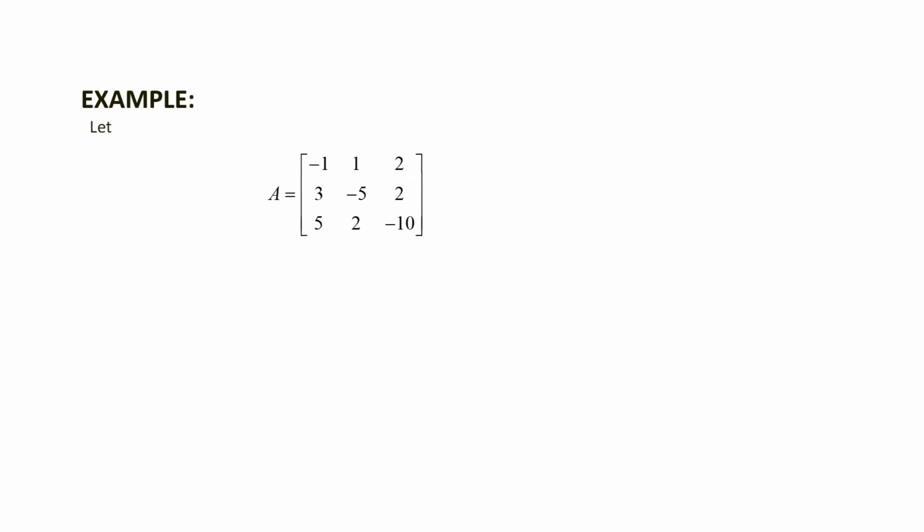Let's see an example. A is a matrix of order 3 cross 3, and we find the dominant eigenvalue using the power method.